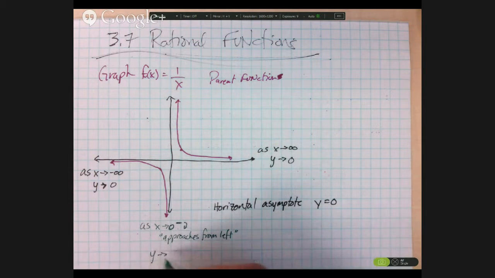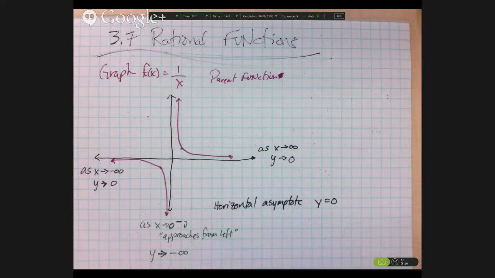Y goes to what? Negative, thank you. Okay. We're coming to 0 from the left. Correct? And that's going to negative infinity. So we're following the line towards 0. From the left is going to negative infinity.